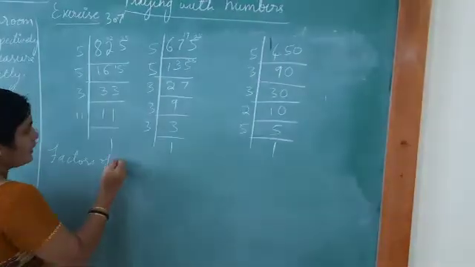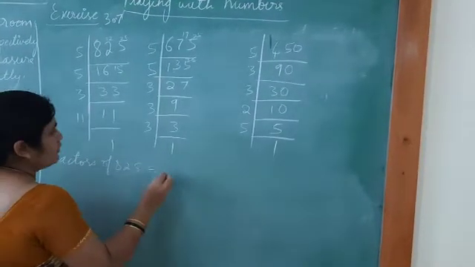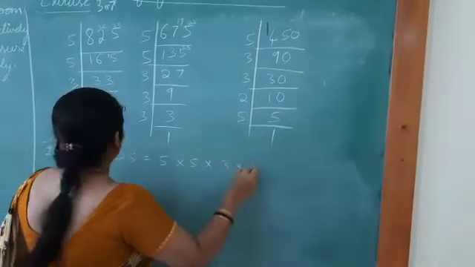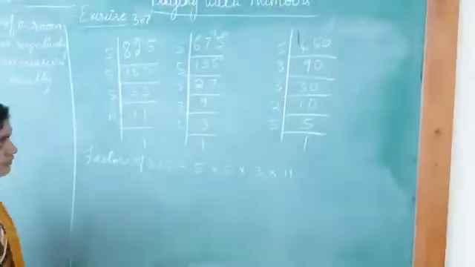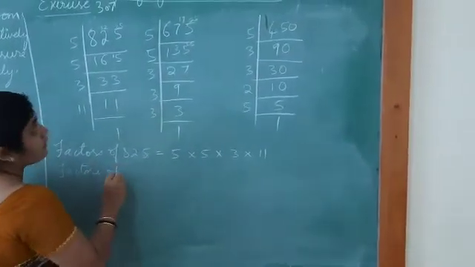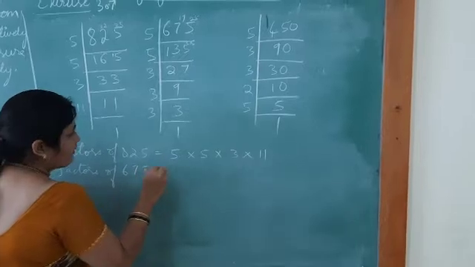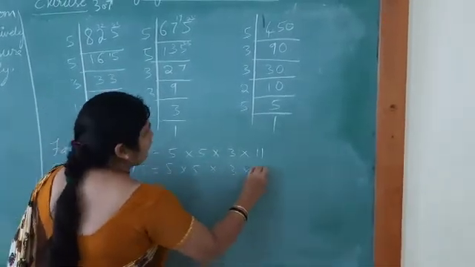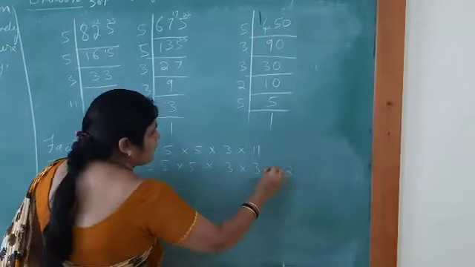Factors of 825 is equal to 5 into 5 into 3 into 11. Factors of 675 is equal to 5 into 5 into 3 into 3 into 3.